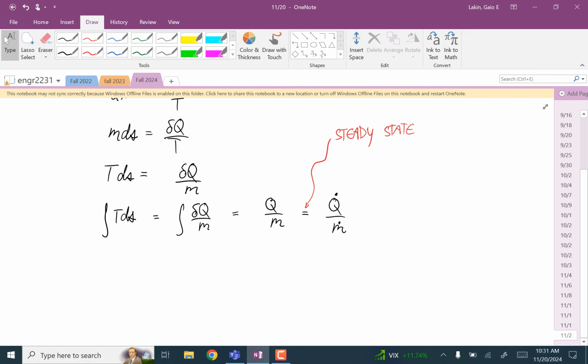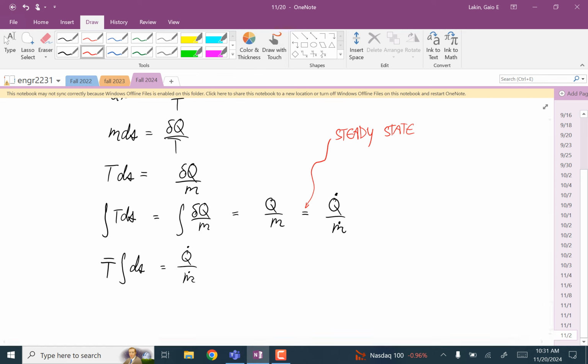And now, I forget what law of calculus this is, but there is some temperature in this range of temperatures that we're dealing with where we can write this. So we can rewrite this as some T bar times the integral of ds is equal to Q dot over m dot.